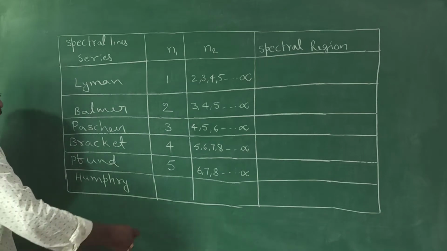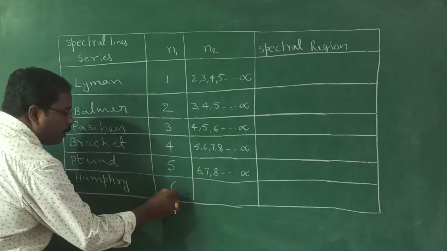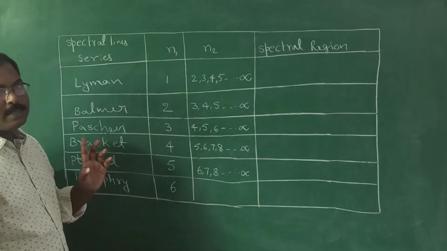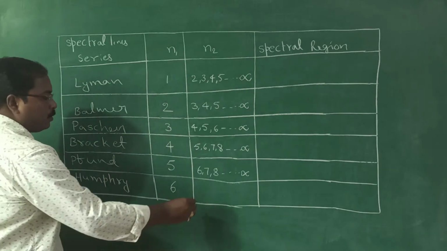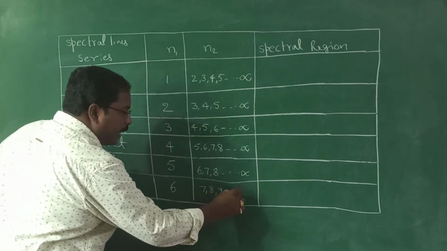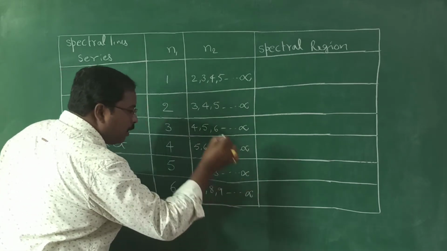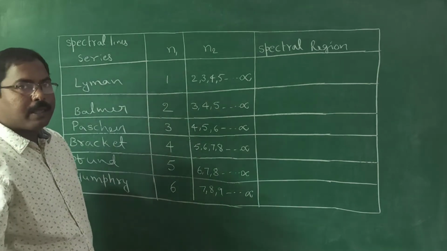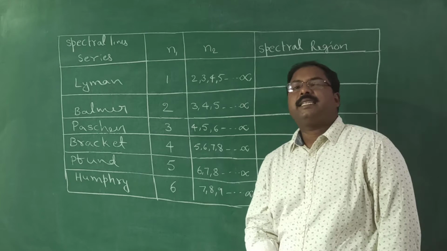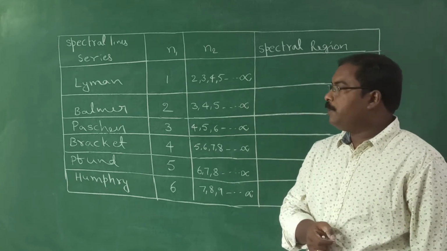Humphreys is the last one, where the electron jumps from any orbit to the sixth orbit, so the higher levels will be 7th, 8th, 9th, till infinity. Understood? Sometimes they ask for 1 mark in the PU examination.